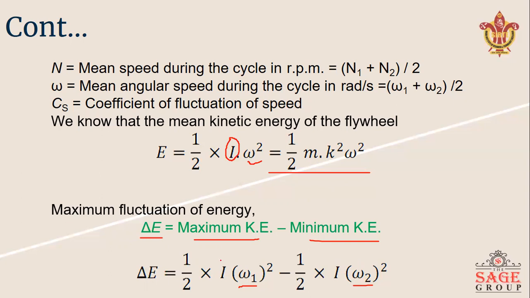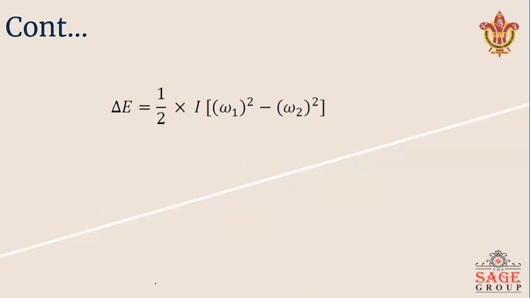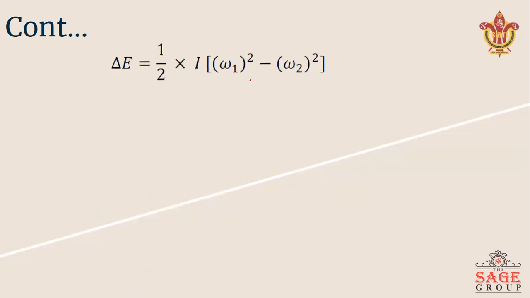Now we have to solve this equation, and we will have the value of maximum fluctuation of energy delta E, or we can say the energy stored in the flywheel. So now delta E is equal to half I (omega 1 square minus omega 2 square).